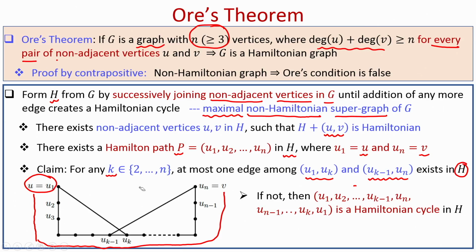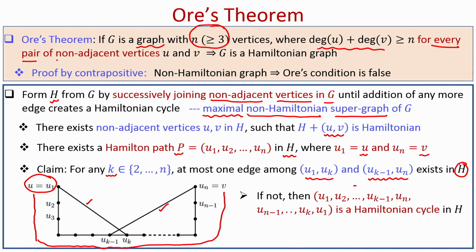Again the proof is by contradiction. So, imagine there is some intermediate k such that you simultaneously have the edge between uk-1 and un, that means this edge is there in the graph, as well as the edge between u1 and uk in the graph H. Again I stress that the claim is with respect to the supergraph H. So, imagine both these edges are there.